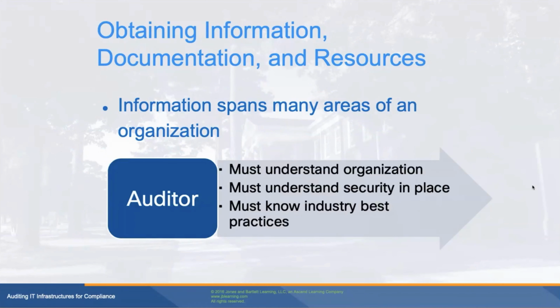You have to understand the organization's risk appetite. Are they willing to have a risky business, or are they afraid of anything happening to their stuff? The auditor has to understand that in order to make recommendations at the end of the audit when they do the report.